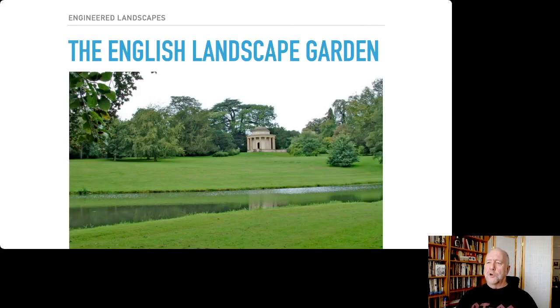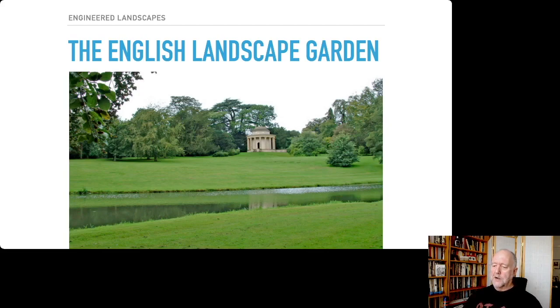But there's another tradition which has come to be known as the English landscape garden. And it was a reaction to the French style of the 17th century, and it emerged in the early 18th century. So typical features of the English landscape garden are rolling hills and lawns, groves of trees, architectural elements inspired by classical temples, ruins of Gothic churches and other romantic elements.